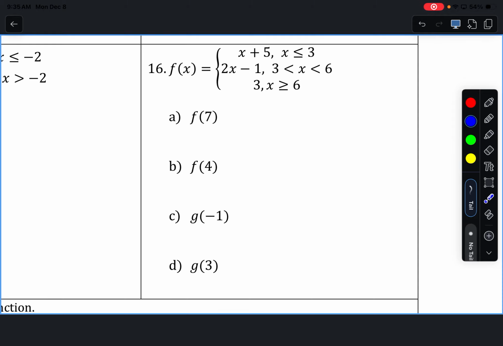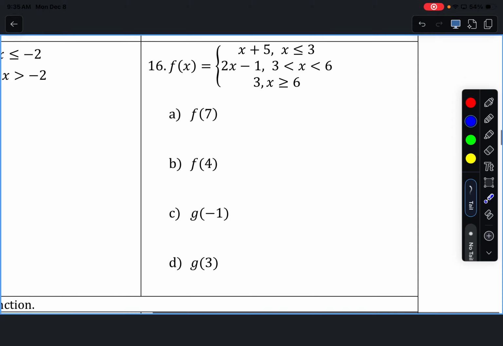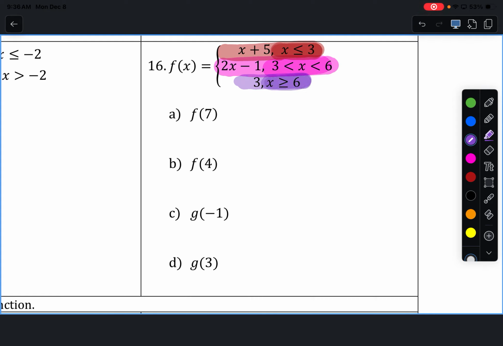For 16, we have f of x equals x plus 5 if x is less than or equal to 3, 2x minus 1 if x is greater than 3 and less than 6, and 3 if x is greater than or equal to 6. Okay, so first, f of 7.